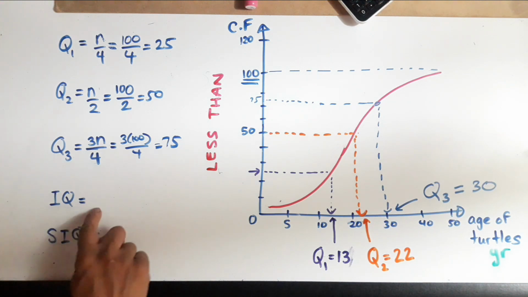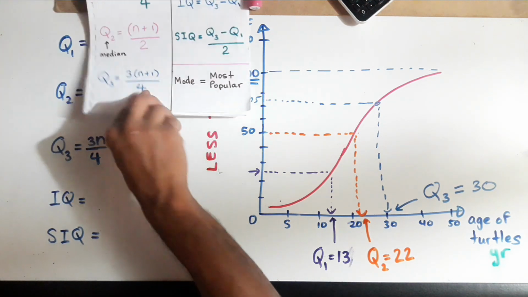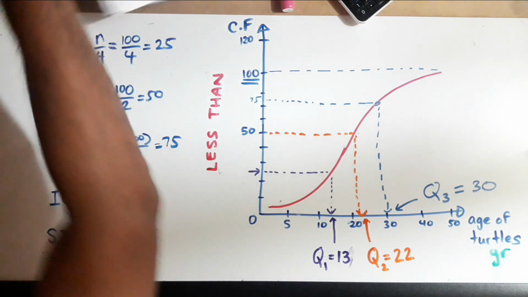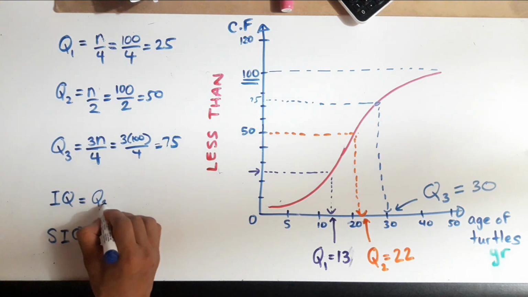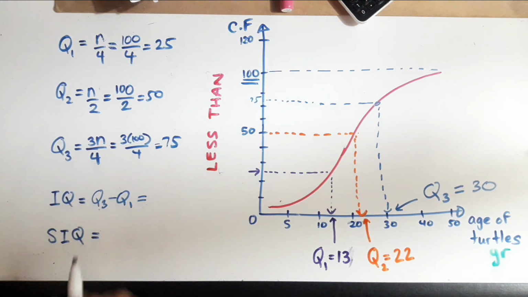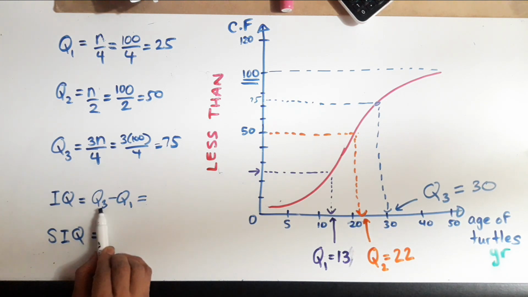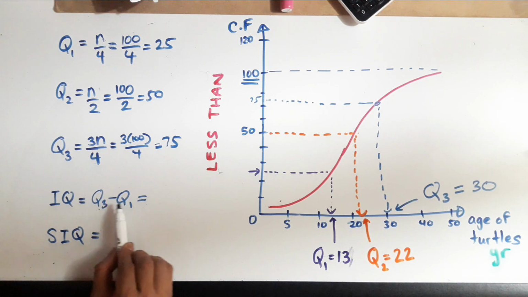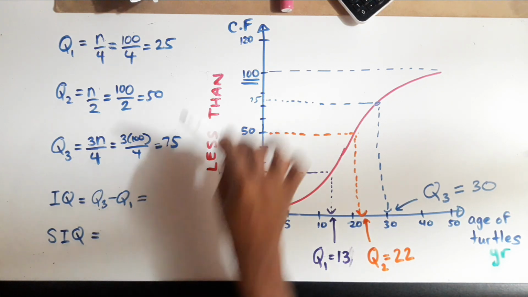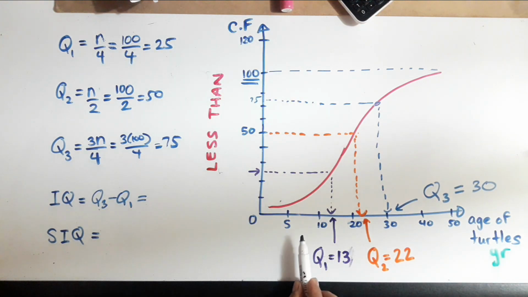If they ask you to find the interquartile range, remember that formula? Q3 minus Q1. Remember, you're taking the actual answers for Q3 and minusing the actual answers for Q1. Not these guys, the ones that it falls on. A lot of students fall for that trick.